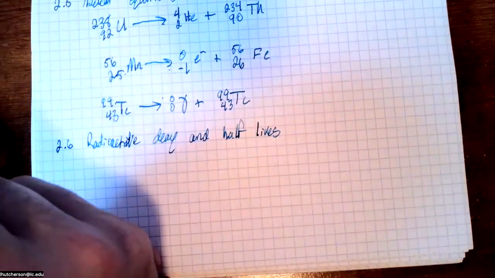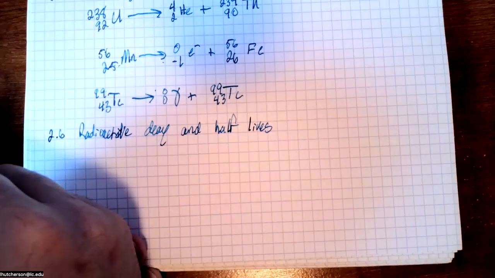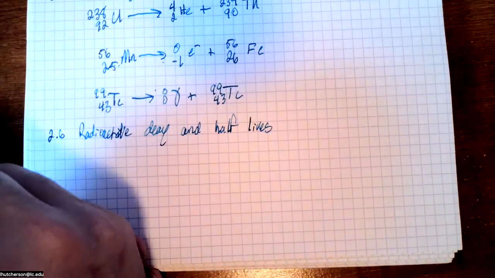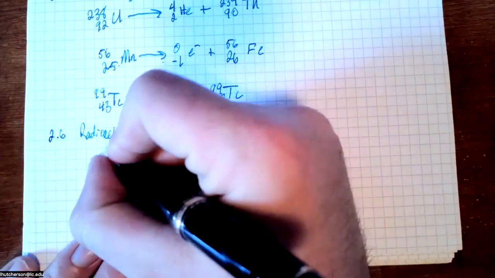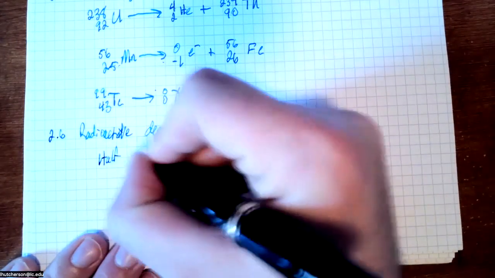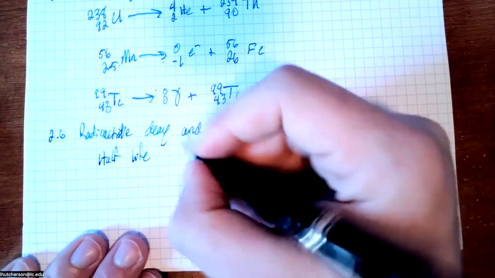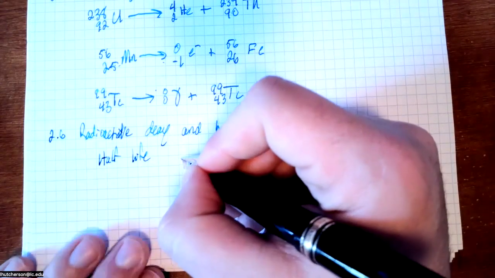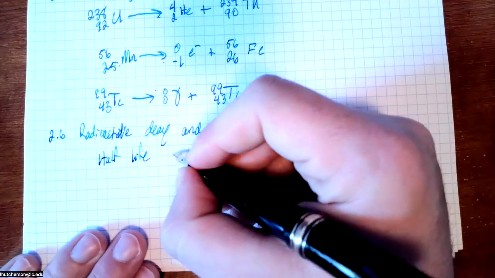Right? So, what is a half-life? A half-life basically tells you that if we have a given amount of something, how long it takes for half the original amount to decay.